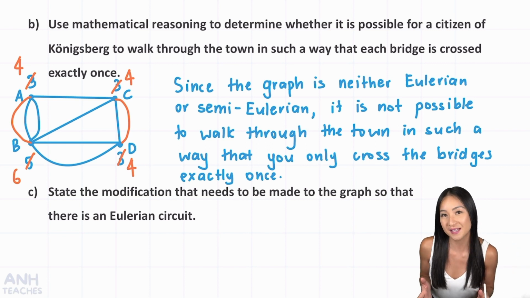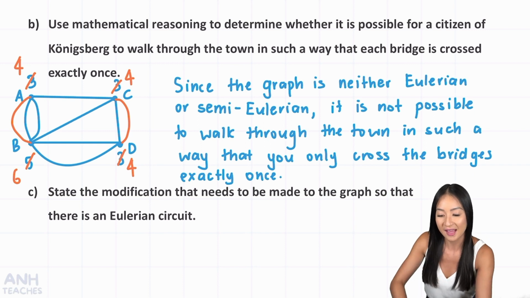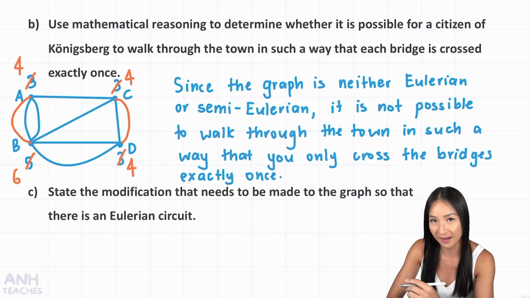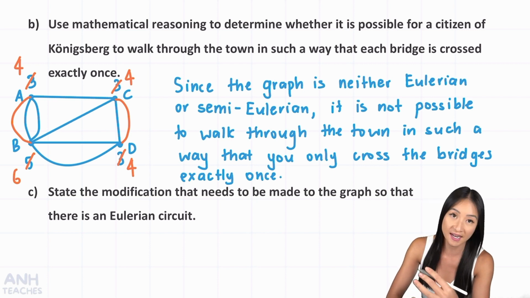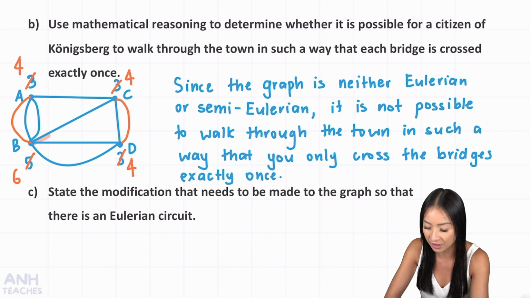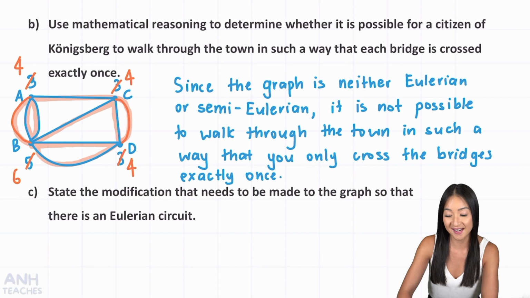And the reason why I'm doing that is so that all of the vertices become even, and then there will be an Eulerian circuit. So let's double check with the new added edges. Starting anywhere, I can trace along the edges, and end where I started.